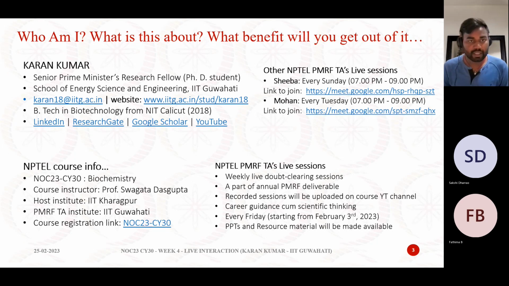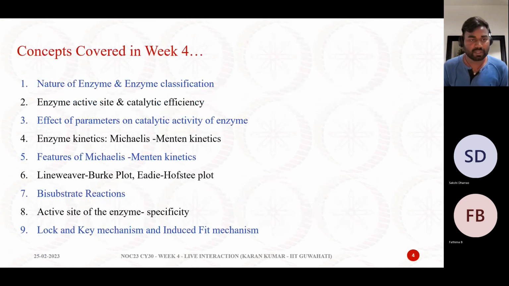Now coming to the concepts that were covered in week 4. Ma'am has discussed the nature of enzymes and enzyme classification. You might have come across that there are a total of 6 enzyme classes, and these enzymes are denoted by something like an IP address, for example 3.4.1.1.